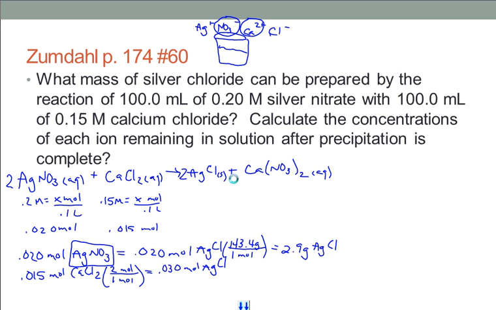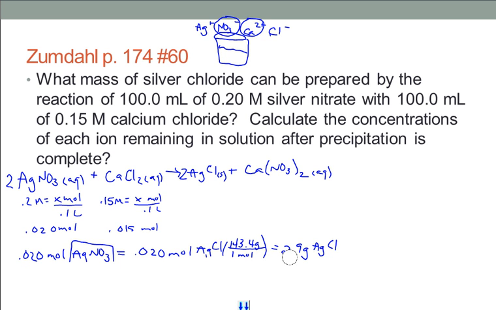So to answer this question, calculate the concentration of each ion remaining in solution after precipitation, I have to work with the net ionic equation. And so actually I'm going to go back and erase a little bit here because I already know that this is my limiting reactant. I know that I'm going to produce this many grams.